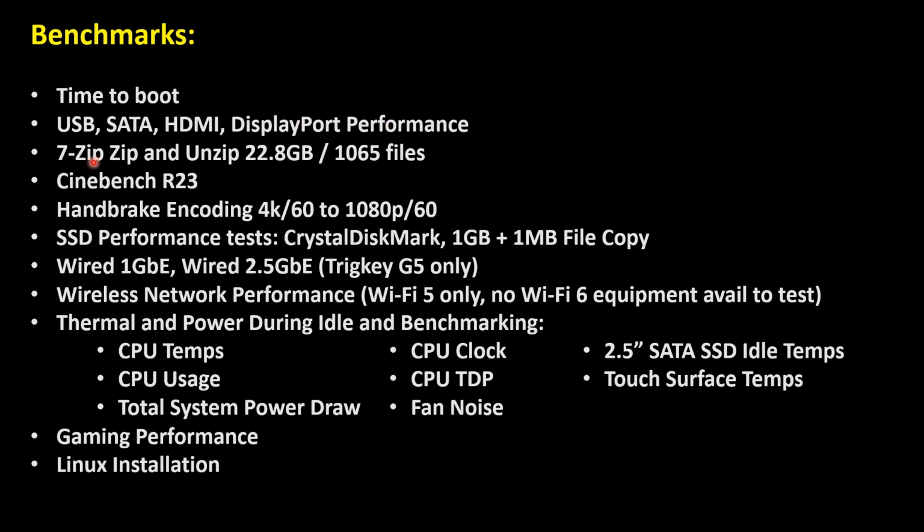Doing some performance benchmarking with 7-zip, both zipping and unzipping, a large number of files, running Cinebench R23, encoding with Handbrake, and also looking at some of the storage metrics for the SSD, the M.2 SSD that came with the device, both with Crystal Disk Mark and a PowerShell script I wrote, doing 1 gigabyte and 1 megabyte file copies, and also over the wired 1 gigabit Ethernets on all devices, as well as the wired 2.5 gigabit Ethernet on the Trigkey G5 because that's the only device that came with 2.5 gigabit Ethernet ports.